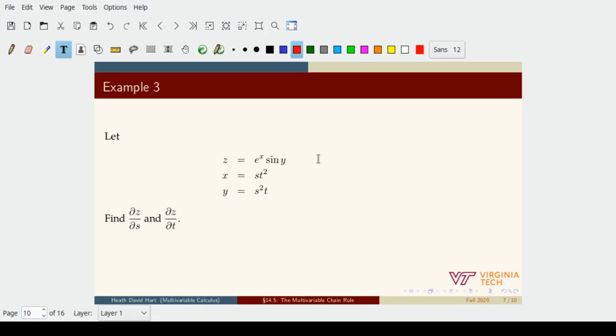So here's my diagram. z is dependent on x and y, and then they're dependent on s and t. And the question is to find both of these partial derivatives.